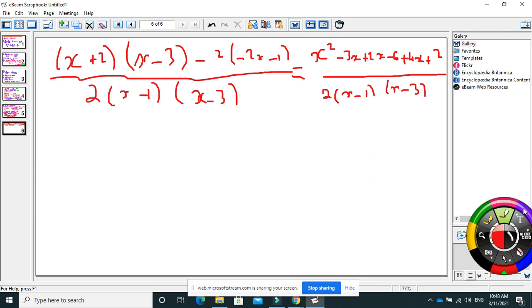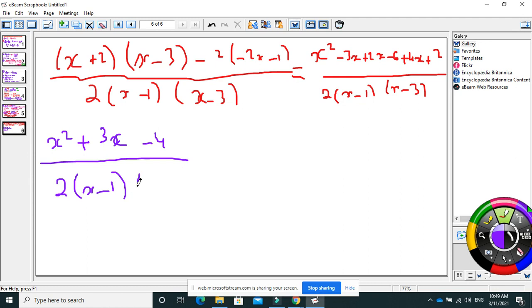I will now add the like terms: x squared, I don't have any other x squared, so I have x squared. I have minus 3x plus 2x gives me minus x, plus 4x, gives me plus 3x. And I have minus 6 plus 2, it's minus 4 over 2 factor of x minus 1, x minus 3.